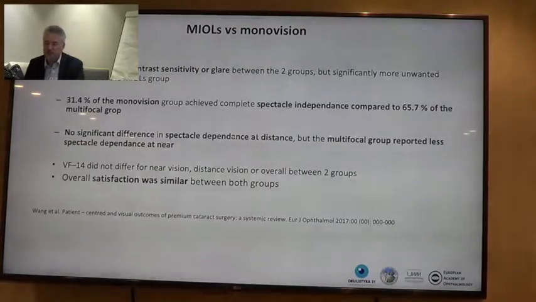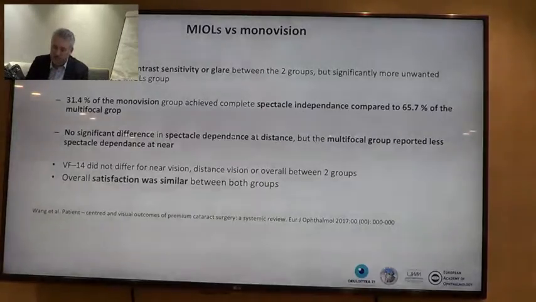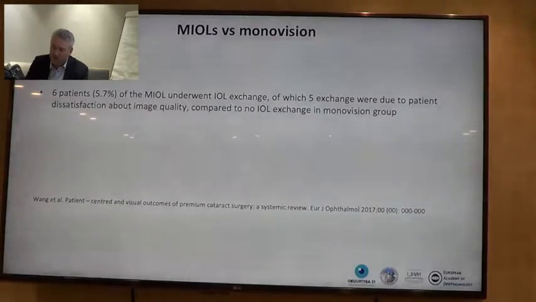Overall satisfaction was similar between both groups. However, 6 patients, about 6%, in the multifocal group underwent IOL exchange, of which 5 exchanges were due to patient dissatisfaction with image quality, compared to no IOL exchange in the monovision group.